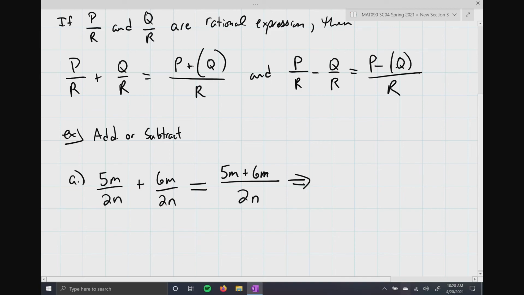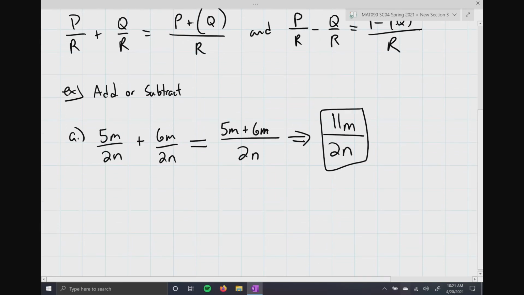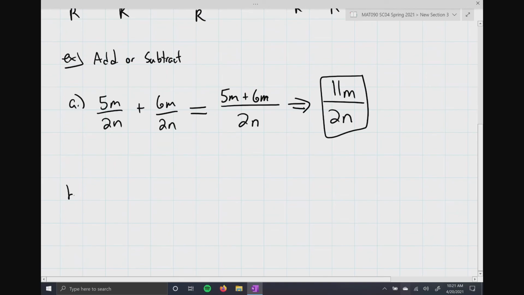The denominator is not going to change. 5m plus 6m is 11m. And it's already reduced. Okay? Pretty straightforward. All right. The next example, we're going to approach this the same exact way.